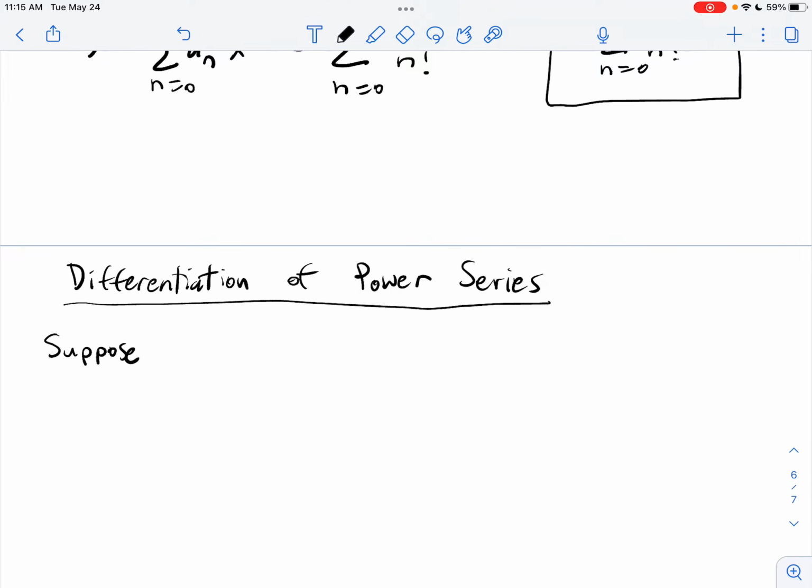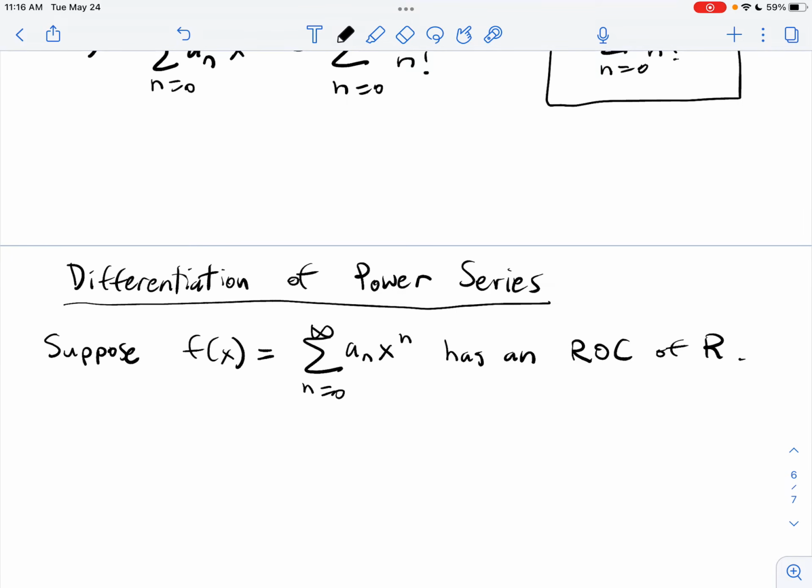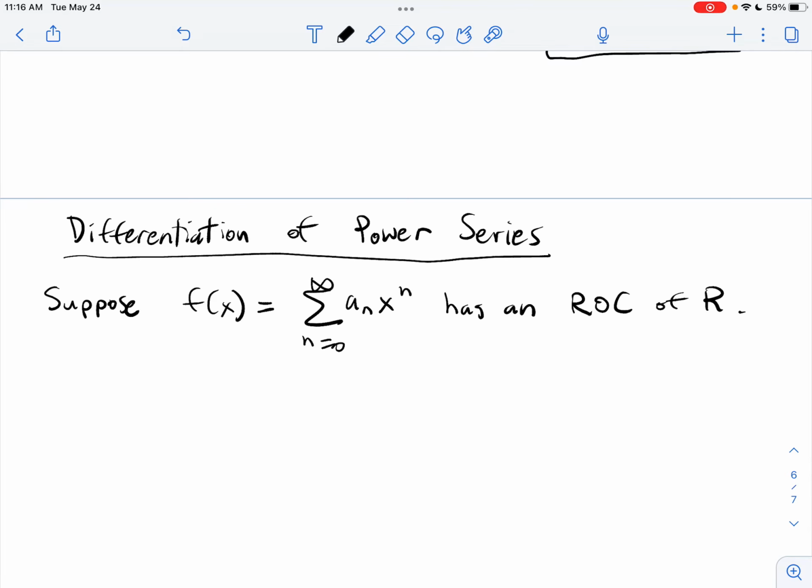So suppose f of x is equal to the following series, and let's say that this guy has an ROC of R. When you have a power series, guess what? You are allowed to differentiate it as many times as you want.